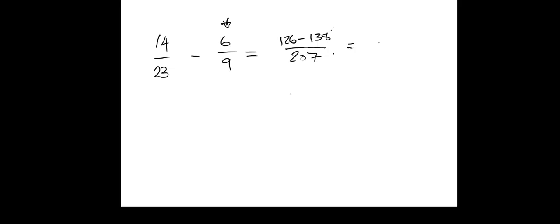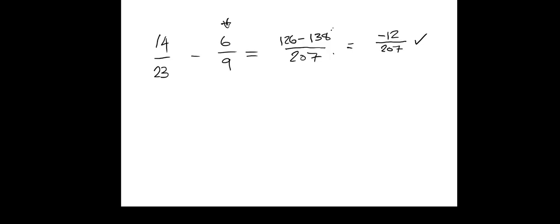Now we have something a little bit unusual. Our numerator, the numbers at the top here, are going to yield a negative number, and it's going to be negative 12 over 207. Is that okay? Well, yeah, that is actually fine.